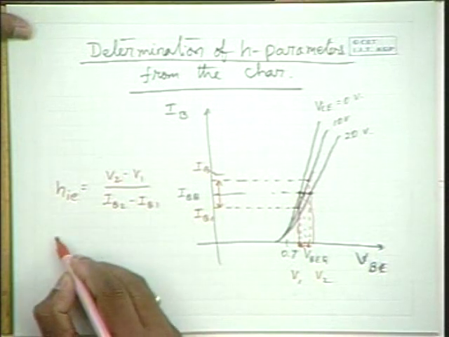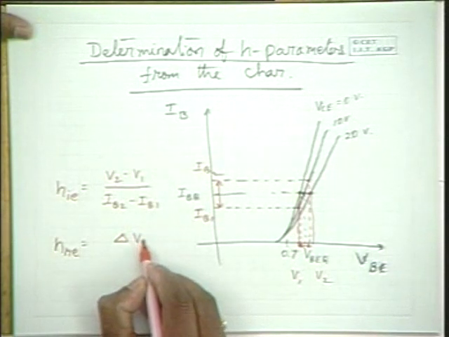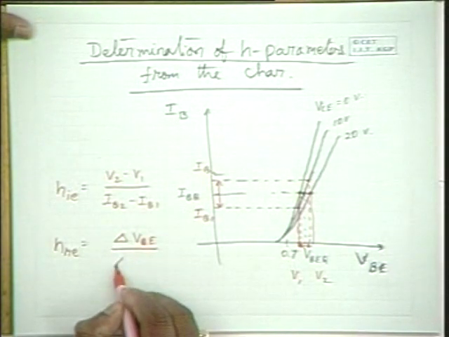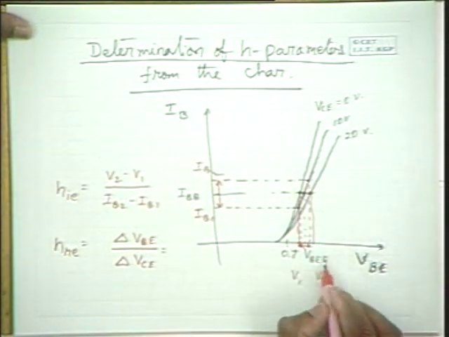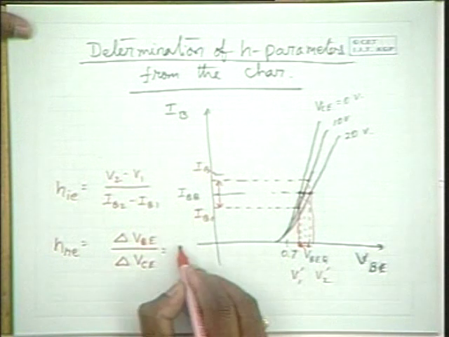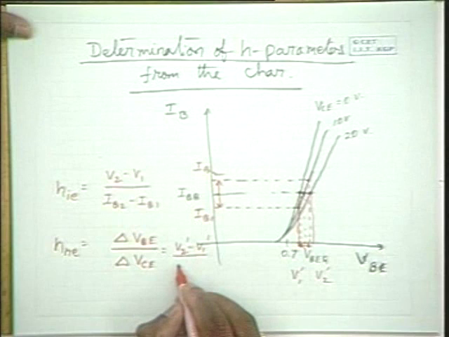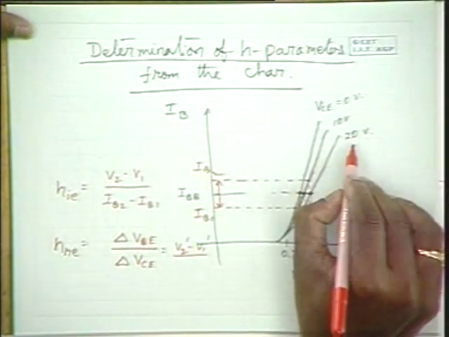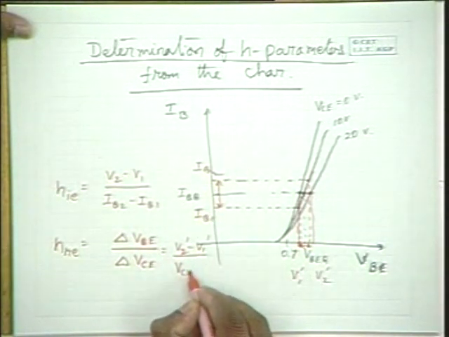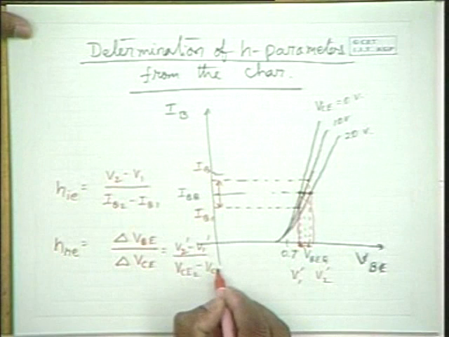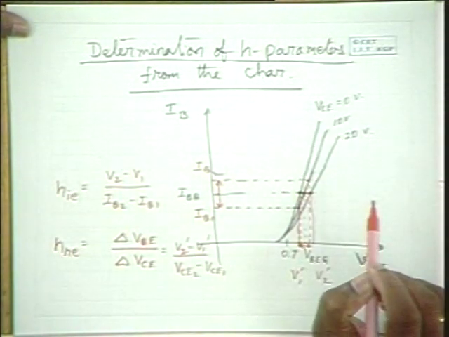So HRE can be obtained by delta VBE by delta VCE, where delta VBE is, if this is V2 dash and this is V1 dash, V2 dash minus V1 dash, and delta VCE is this voltage minus this voltage, so let me call it VCE2 minus VCE1. In this particular application, VCE2 is 20 volts, VCE1 is 0 volts.